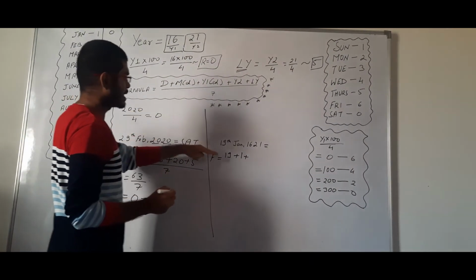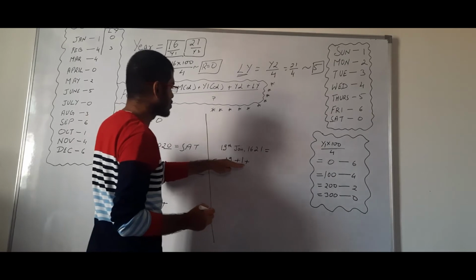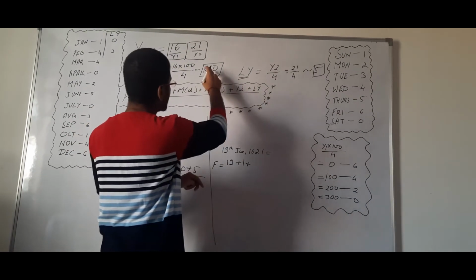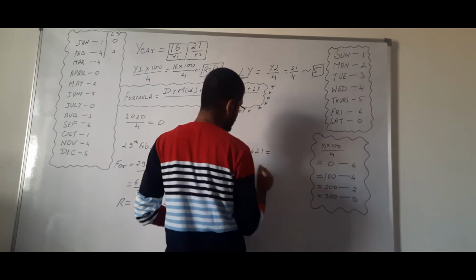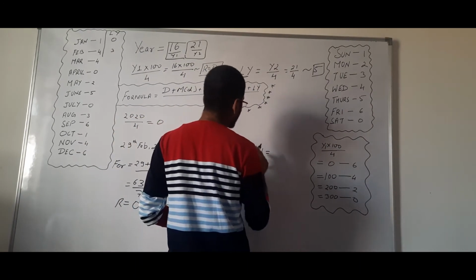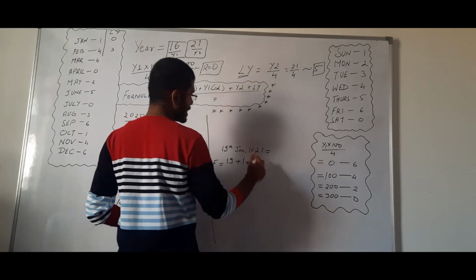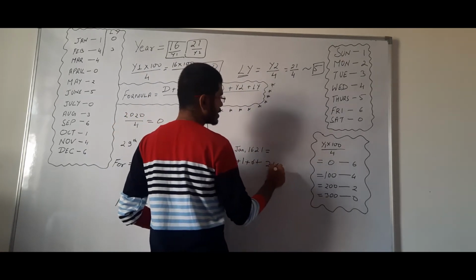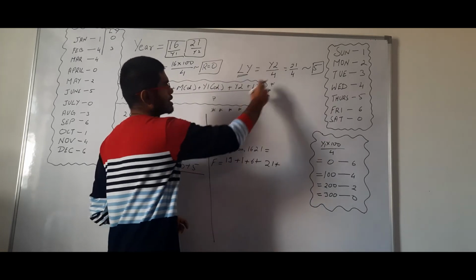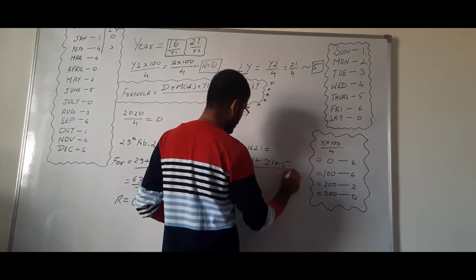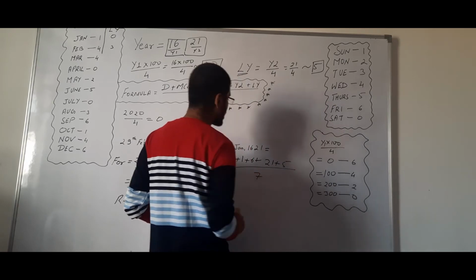So we have the date as 19, month code is equal to 1. For year 1 the remainder is 0, so the code for 0 is 6. Year 2 doesn't have a code, so we will be writing it as it is, that is 21, and then the leap years. The number of leap years is equal to 5, and this entire thing we will be dividing by 7.